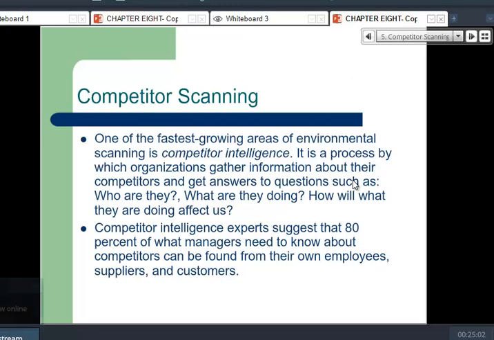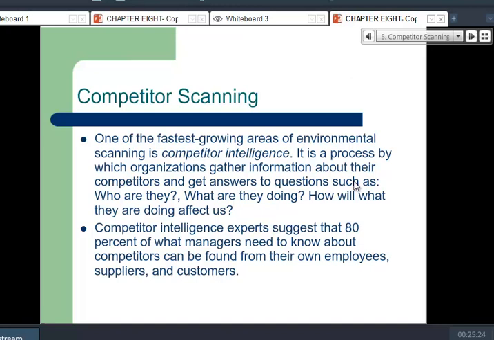It is a process by which organizations gather information about their competitors and get answers to questions such as: who are they, what are they doing, and how will what they are doing affect us?